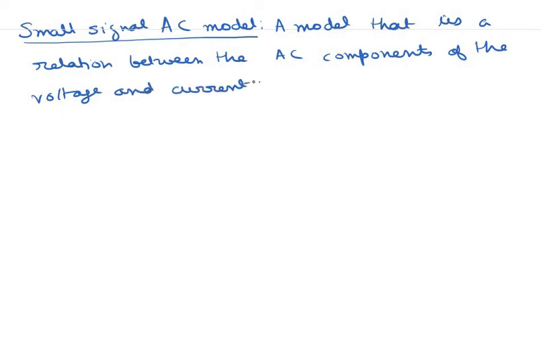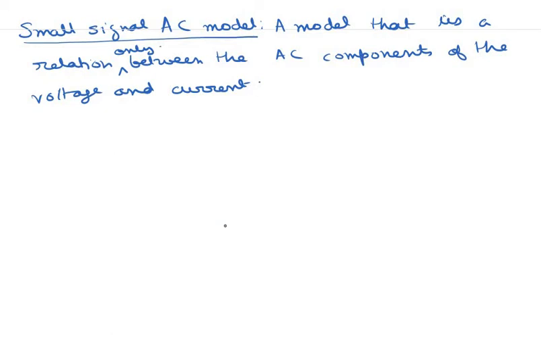So the AC model gives us a relation only between the AC components of the current and voltage, and it doesn't give us any relation between the DC voltage and DC current.